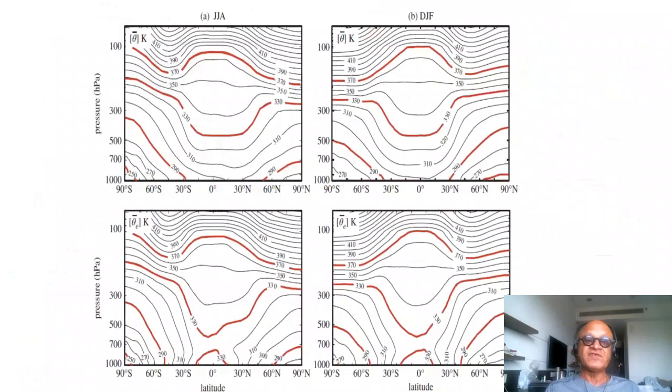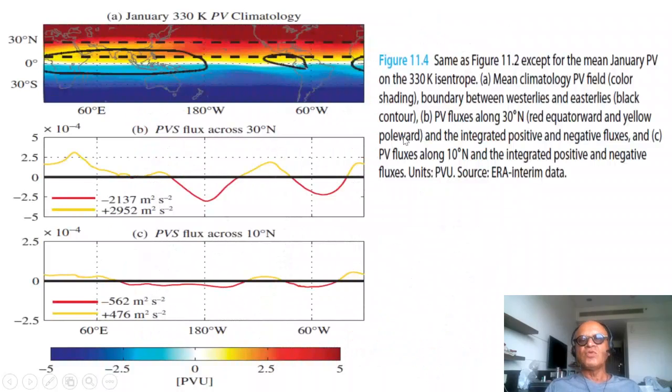This is observed physics. This is to remind us of the vertical structure we are looking at and why we picked 370, which is up here. We will also see an example of 330, which is down here, but we will see that if you look at January on 330, there are similar features, but not as obvious.